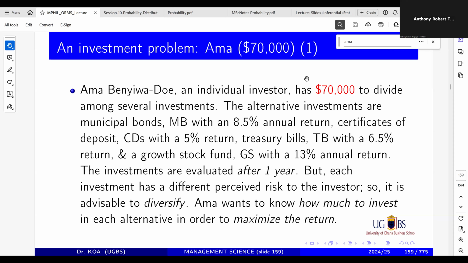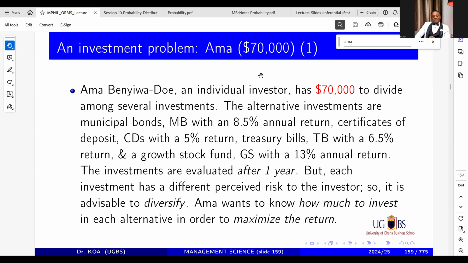Please, sir, she wants to know how much to invest in each of the alternatives in order to maximize the return. So what's her goal? To maximize returns. That's all I needed you to say, but you had to read the whole thing for me. So she wants to maximize her return on the investment.